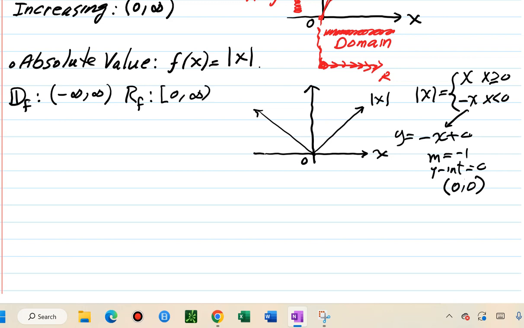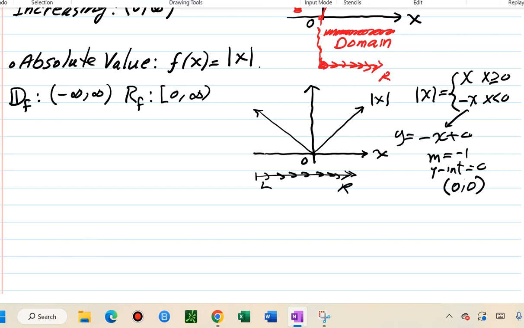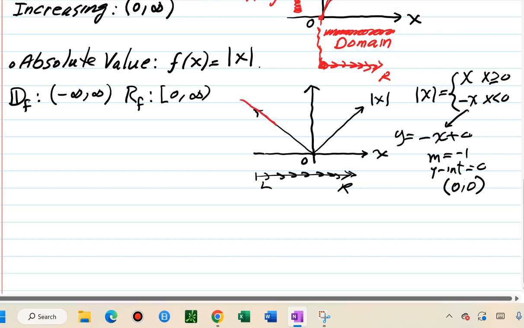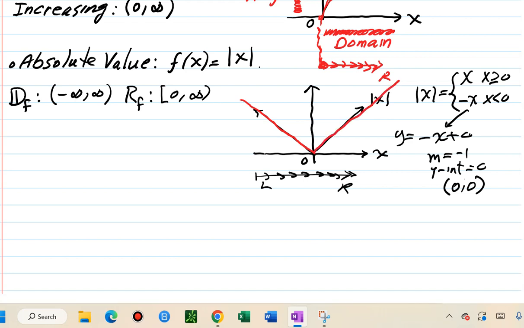Now, for increasing, decreasing, again, we move from left to right, correct? We go in that direction along the x-axis. And as we do, we're going to trace, or track, I should say, the function. So it's coming from way up there. It's going in this direction. So decrease, decrease, decrease, stops and bounces up, increases.